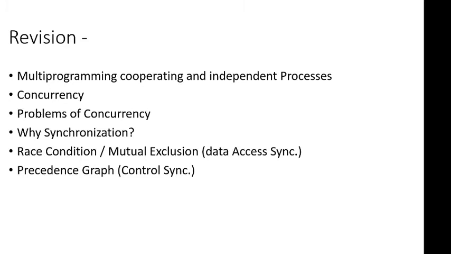Race around condition लाई हेर्ने synchronization र data access synchronization भन्छ, किनभने they are sharing common access to the same data. अनि एउटा proper race around condition लाई mitigate गर्छ, that is called mutual exclusion. अनि अर्को छ control synchronization, when the order is important, A must go before B, B must go before C. त्यसलाई control गर्नु control synchronization भन्छ. How can you achieve this? We can achieve this with a precedence graph, which is a directed graph.